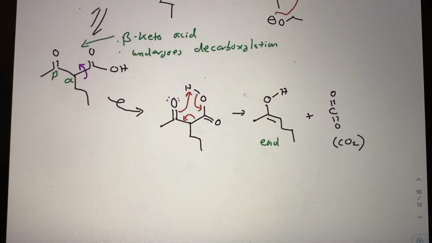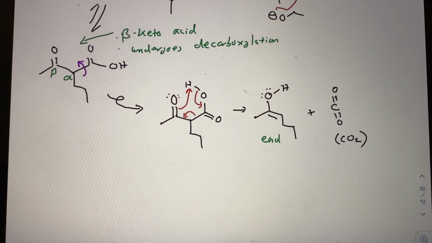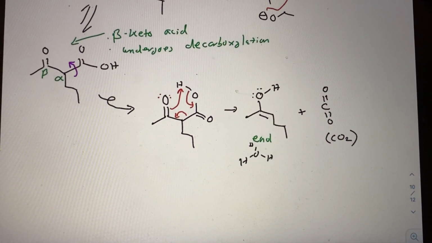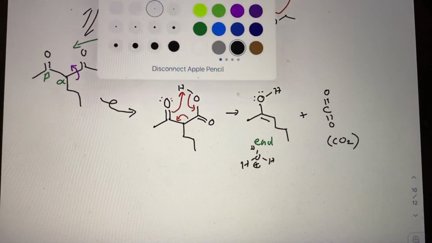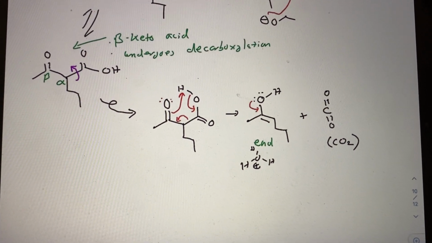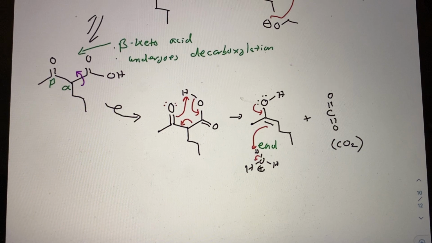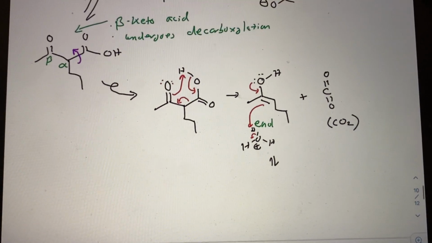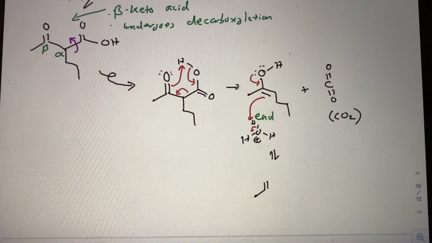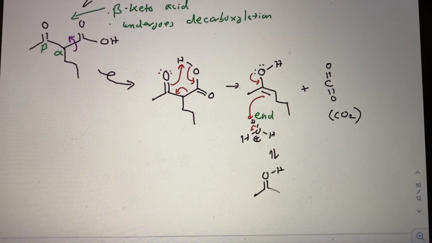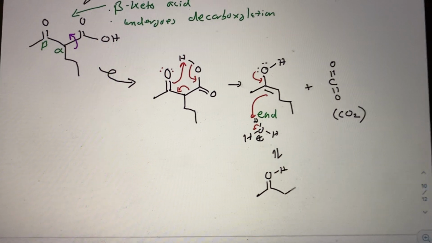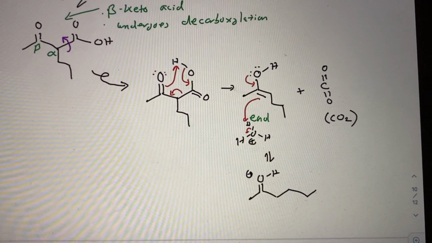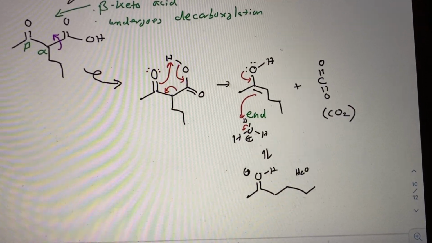So if we were to have this species here, I'll go underneath, down to the bottom here. We'd end up having this. What I'm going to do is write this in a more conventional way. And then last, we'll regenerate our acid.